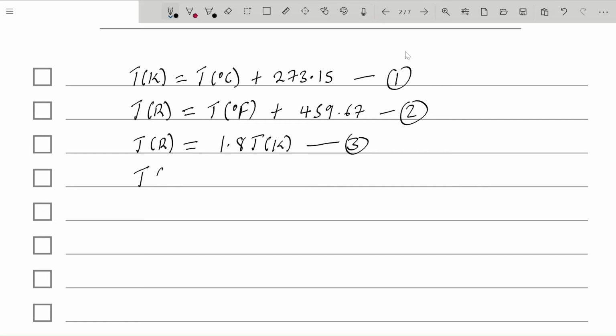Temperature in degree Fahrenheit is equal to 1.8 times temperature in degree Celsius plus 32. So these are some quick formulas that will enable you to calculate temperature conversions very easily. So let's move down to some examples.